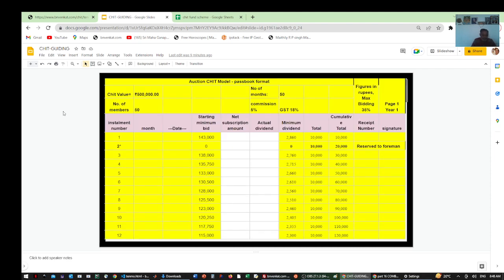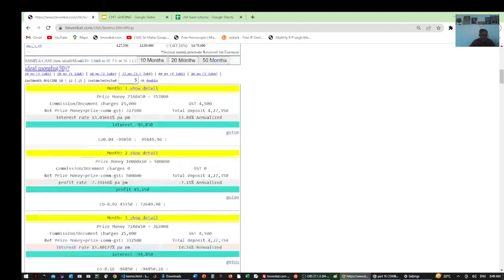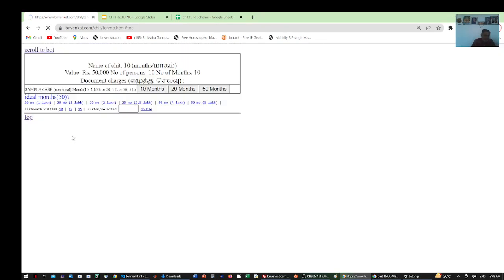Yes, here is the passbook format. Before going to the passbook format, let us go to our web page and calculate our dividends for all the 50 months. The link is given in my description.